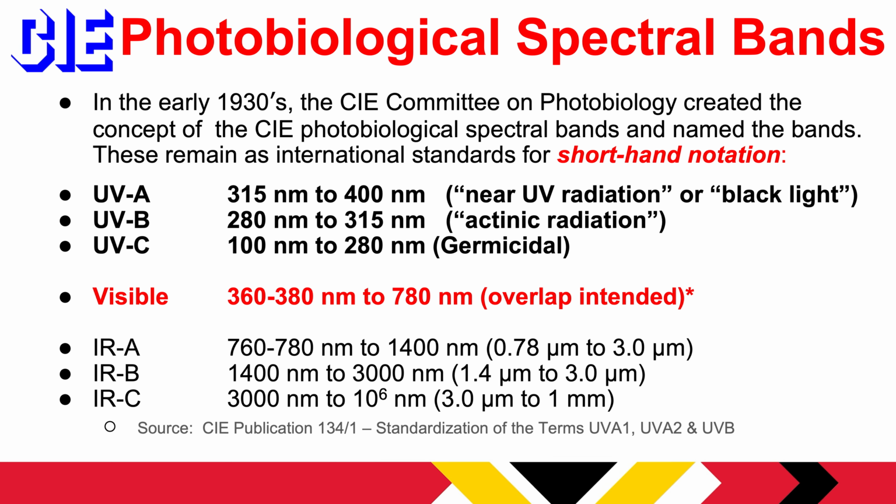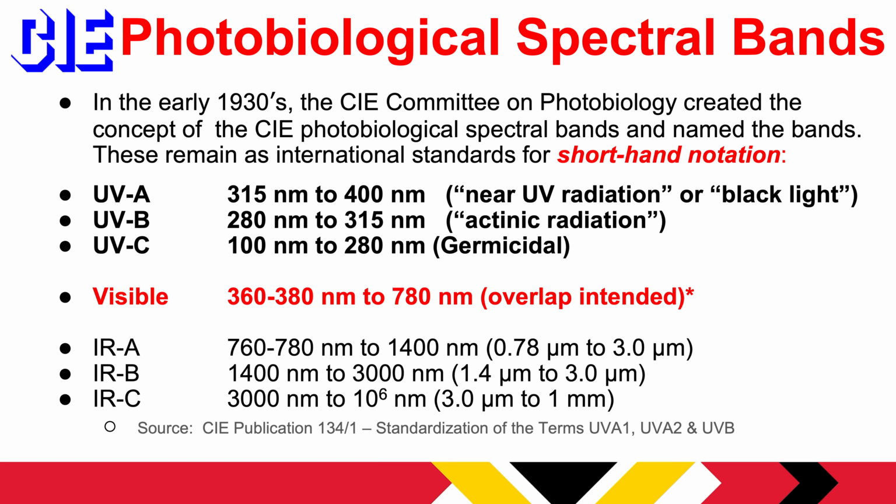You might see these in a disco or certain things for special effects for illuminating fluorescent posters and that sort of thing. That's where it comes by the name black light.